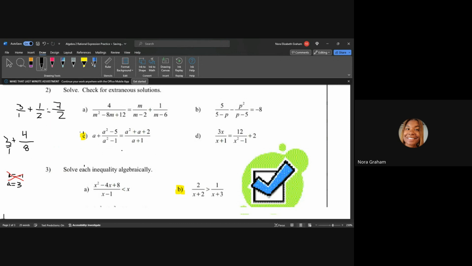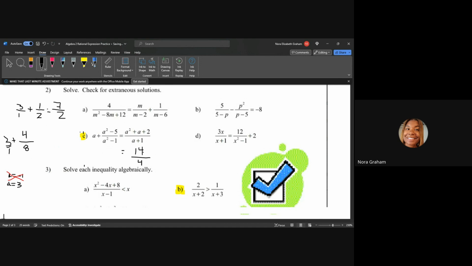This one, let's see if we get the same thing. 3 squared, 9 plus 3, that's where I messed up, plus 2, that's 14. So that's 14 over 4. That looks better.